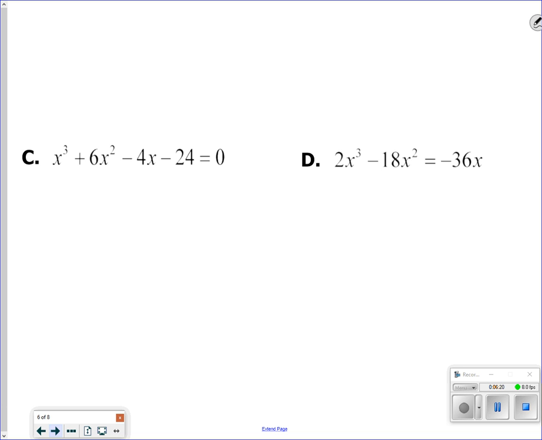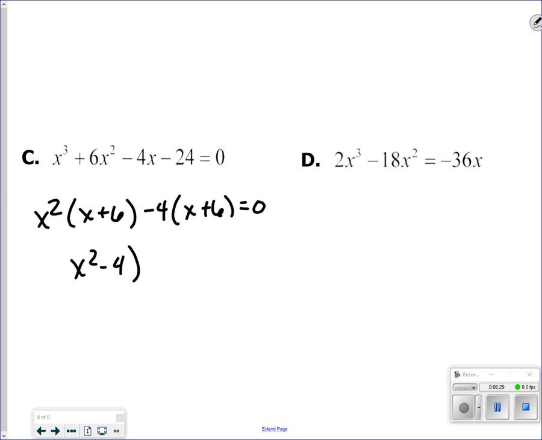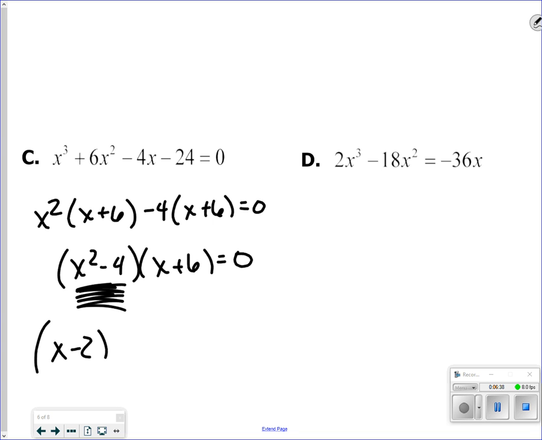Next one, grouping. I can take x squared out of the first two, -4 out of the second two. Group the GCF and keep what's the same. Now, many of you will not look at this. You won't see that x squared minus 4 does factor again.